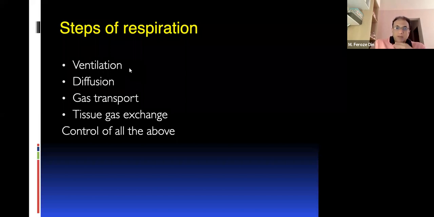We breathe in, we breathe out. That constant inspiration and expiration is called ventilation. But it is not synonymous with respiration. Many people think that respiration is synonymous with ventilation, but no, ventilation is but one process of respiration.